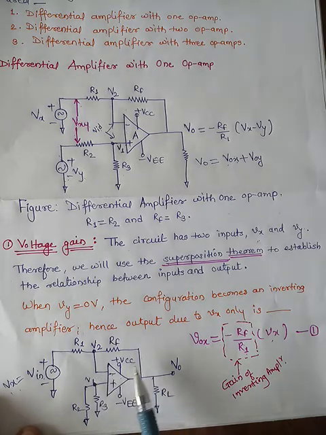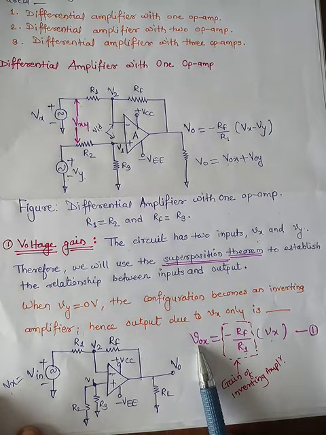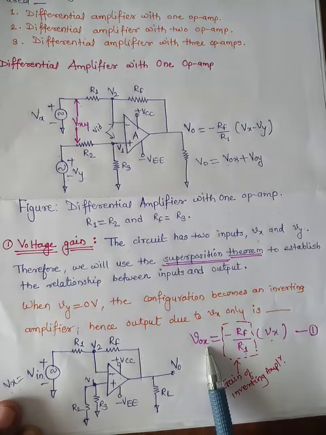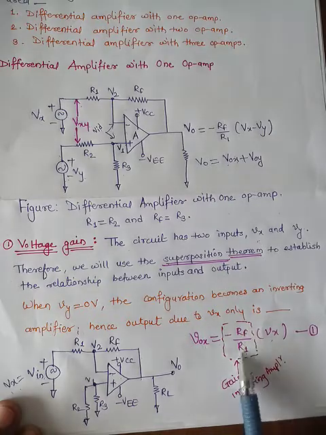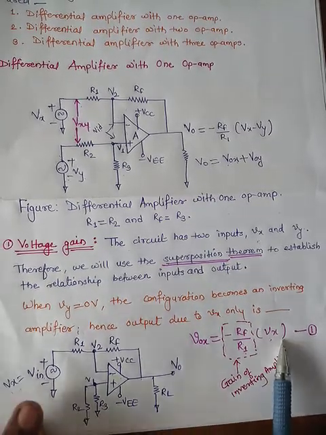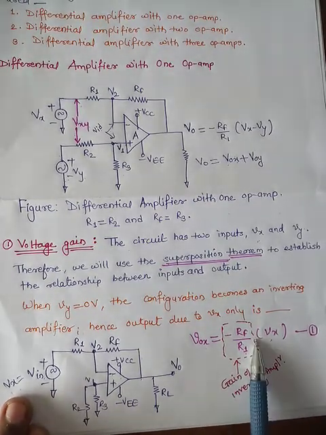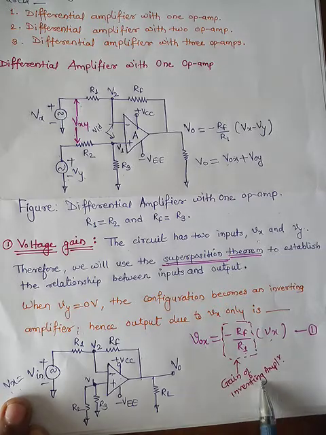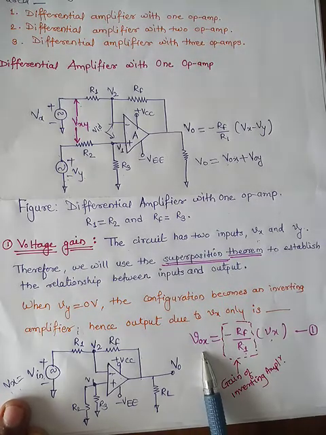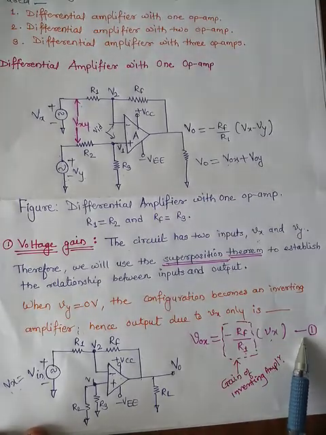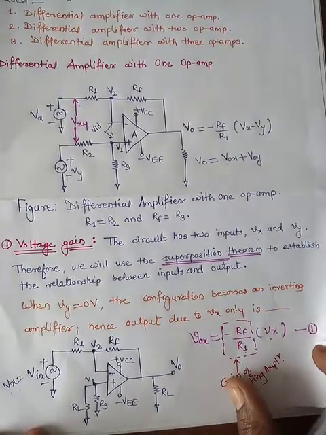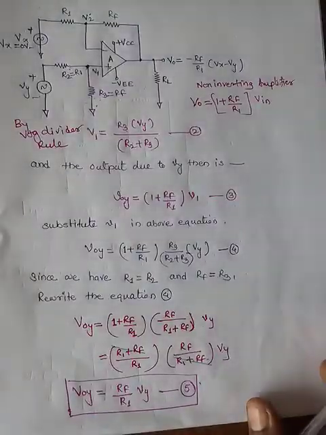The output voltage, denoted V0x, because of Vx, is the gain of the inverting amplifier, minus Rf by R1, into the input voltage Vx. So V0x is equal to minus Rf by R1 into Vx. Represent this as equation number 1.